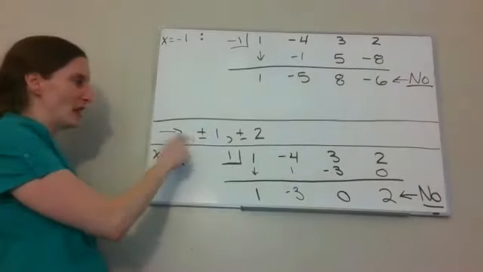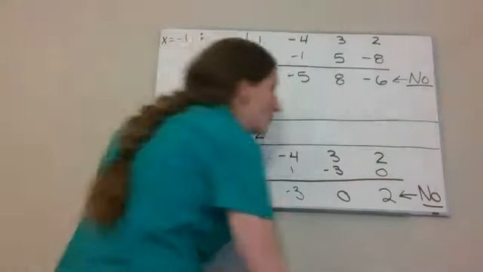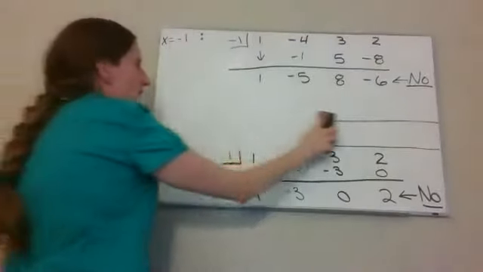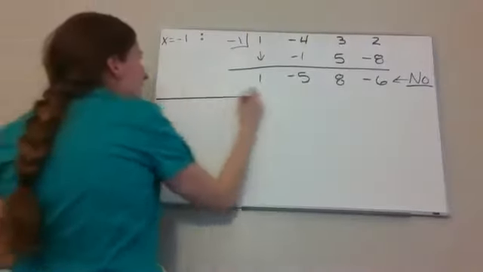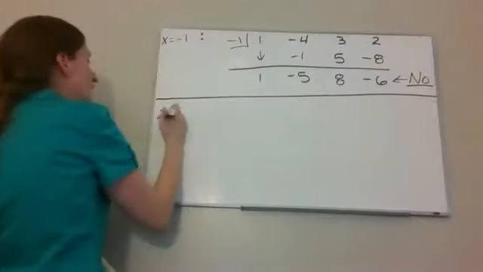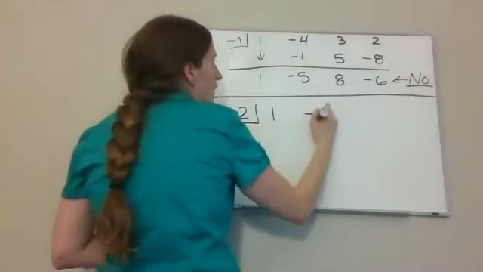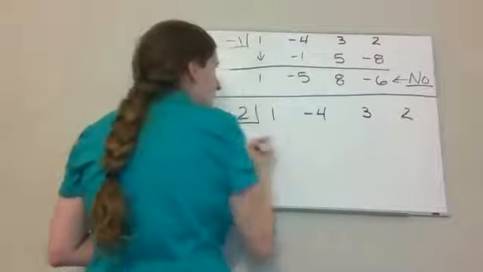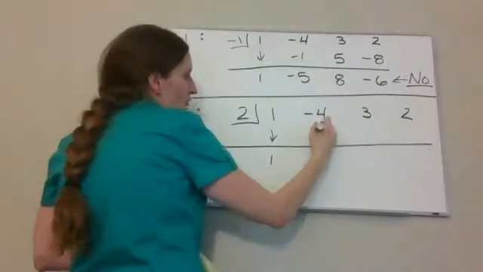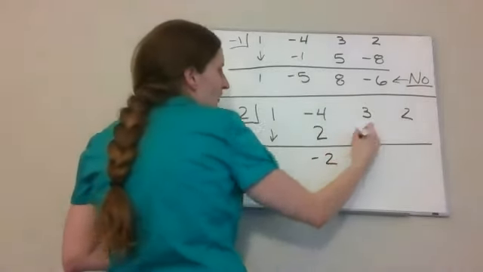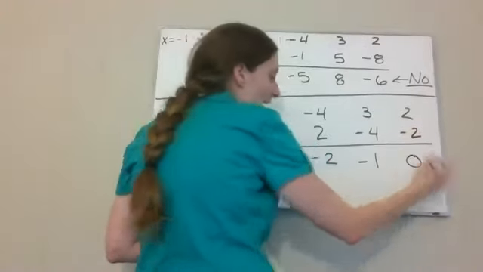So we've already eliminated positive and -1. I guess let's try +2 and see what happens. So if I try x equals 2 to see if it's a 0, 2 in the box, all of my coefficients, drop your 1, multiply and add, multiply and add, multiply and add.